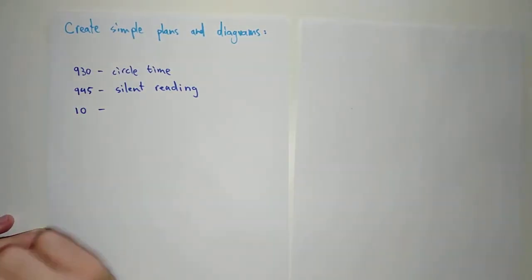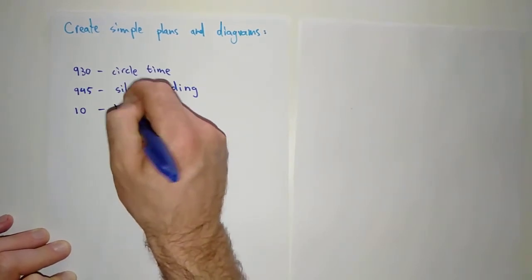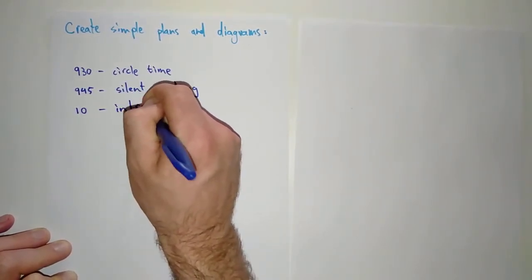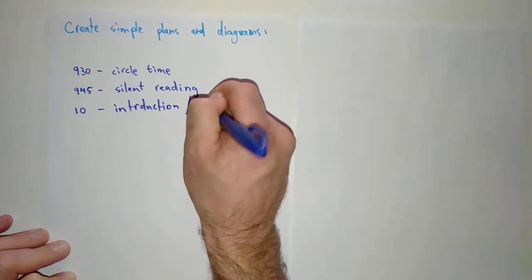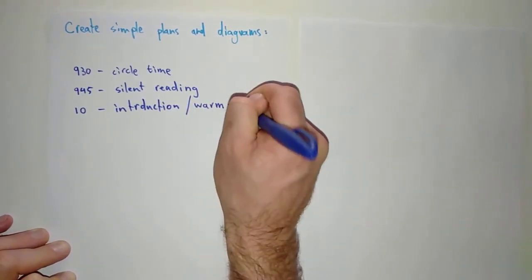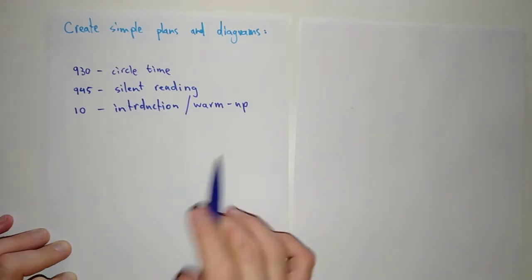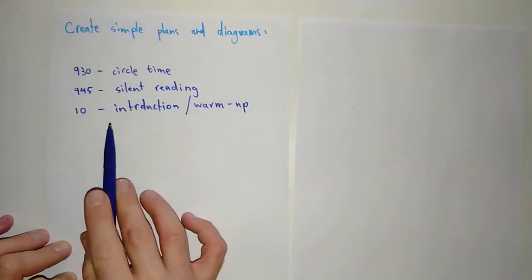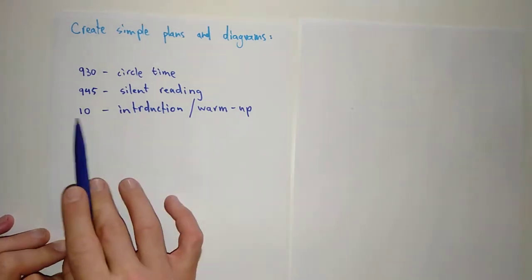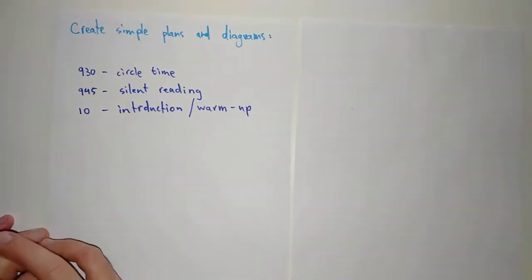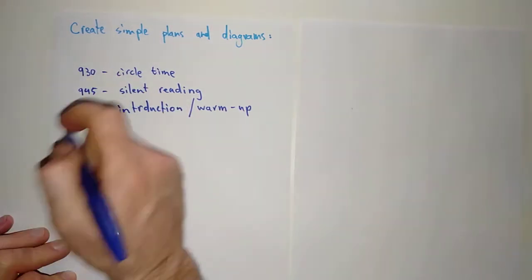At 10 o'clock there might be an introduction, maybe some sort of warm-up task for the students to get their brains thinking, or maybe an introduction to the class. Now, exactly how long this goes for just depends on the lesson, but I'll say 10 minutes.